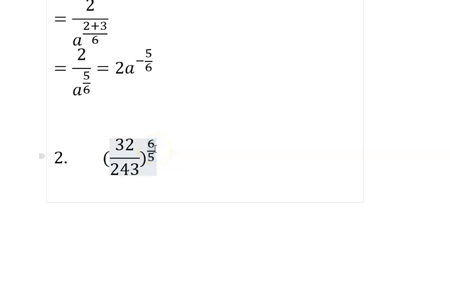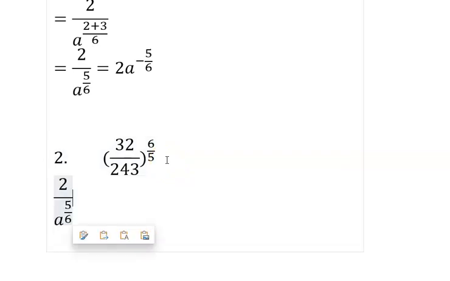You need to take note of that. Now, what this simply means is that this 32 is raised to power 5 over 6 and this 243 is also raised to power 5 over 6. So you need to take note of that. So let's get this as a template.